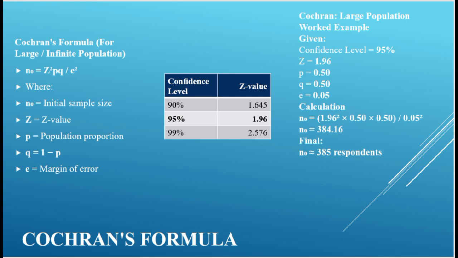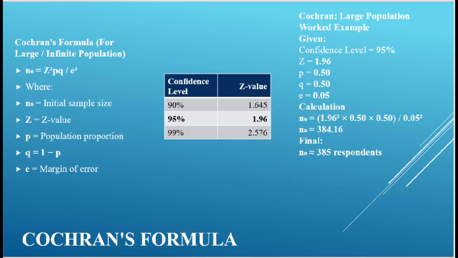Cochran formula for large or infinite population. Now let's move to a more statistically rigorous approach, which is the Cochran formula. The formula for a large or effectively infinite population is n0 equals z squared multiplied by p multiplied by q divided by e squared.